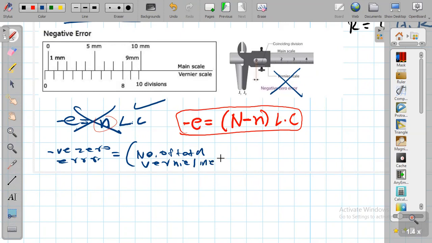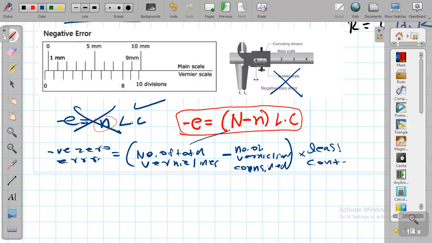Number of total vernier lines minus number of vernier lines coincided, times least count. This is the number of total vernier lines, this is the number of vernier lines coincided, this is the least count, and this is the error. Okay. Copy these two equations.